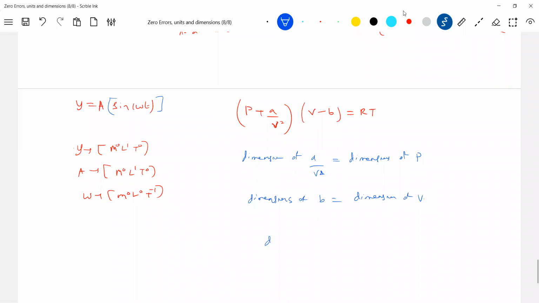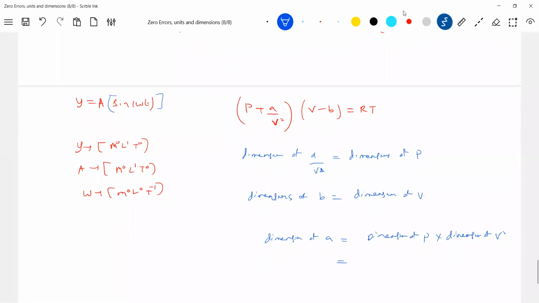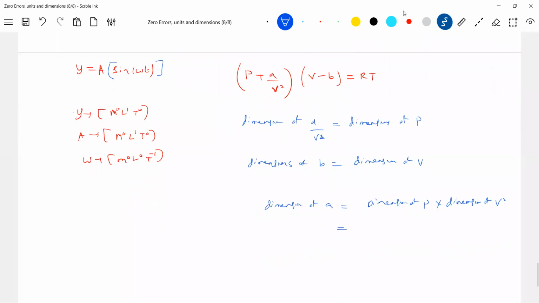Therefore, the dimensions of A should be equal to the dimensions of P into the dimensions of V square. So what is the dimension of P? Pressure, I'll bring the dimensions for pressure separately. Pressure is defined as force by area.